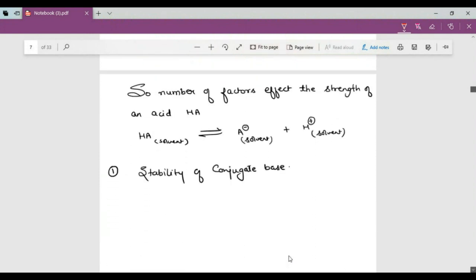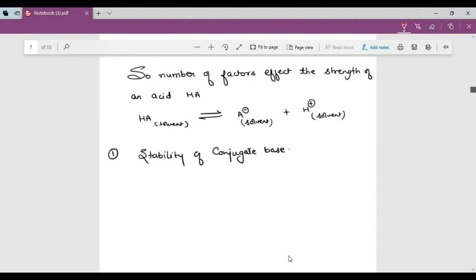To conclude the discussion so far: what factors affect the acidic strength of a particular organic molecule? There are a number of factors that could affect the strength of an acid, but the main three factors decide whether a particular compound will act as a good acid or not.